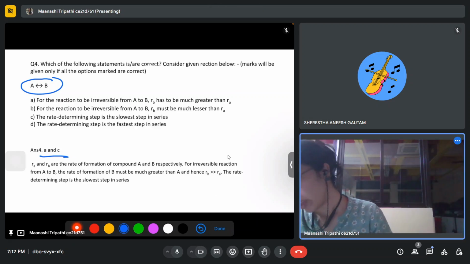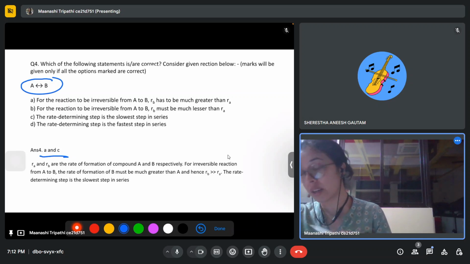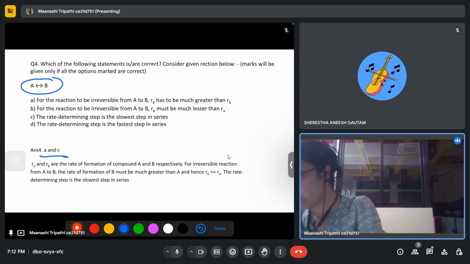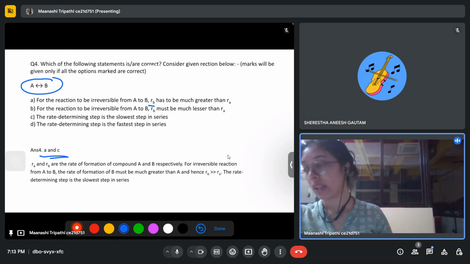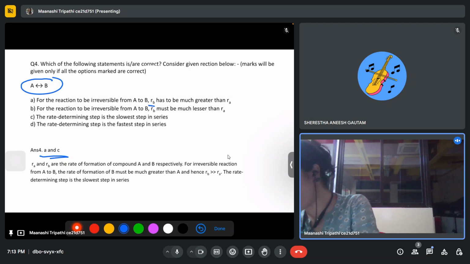Here, A to B is considered irreversible when the rate of formation of B, RB, is much faster than RA, which means the rate of forward reaction is many times greater than the rate of backward reaction.